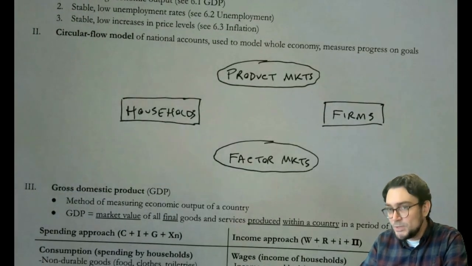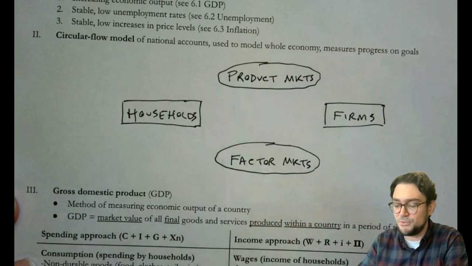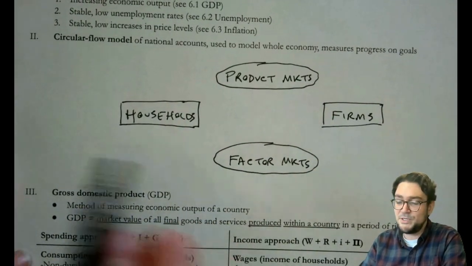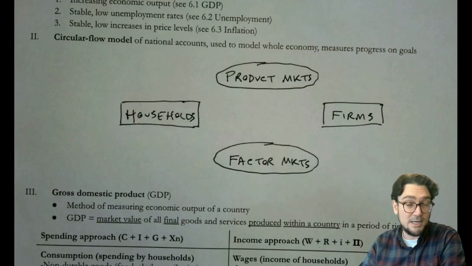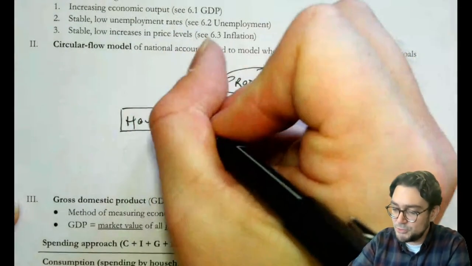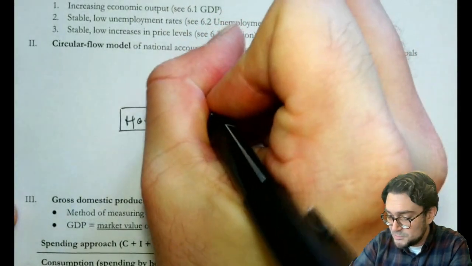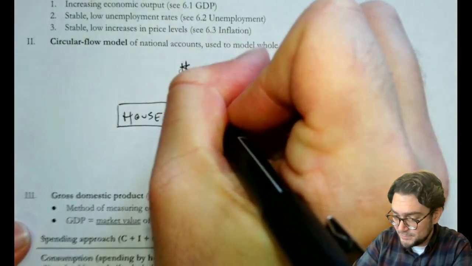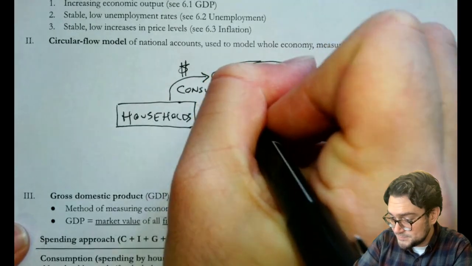If you will permit me, think about a household. What do they do with their money? Assuming that they don't save any of it, because we can come back later and make this model a little bit more complicated, but let's just assume for the moment, what do they do with their money? Well, they put it into product markets. The money flows in there, and that would be what we call consumption spending.